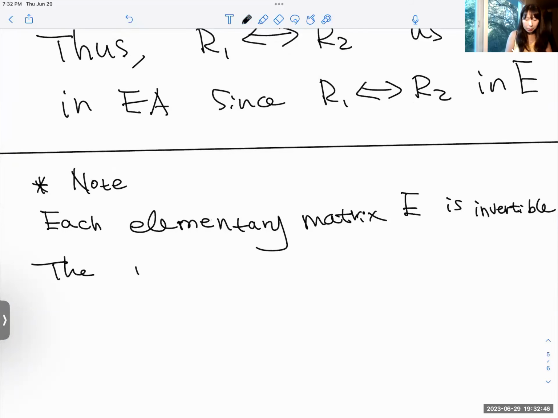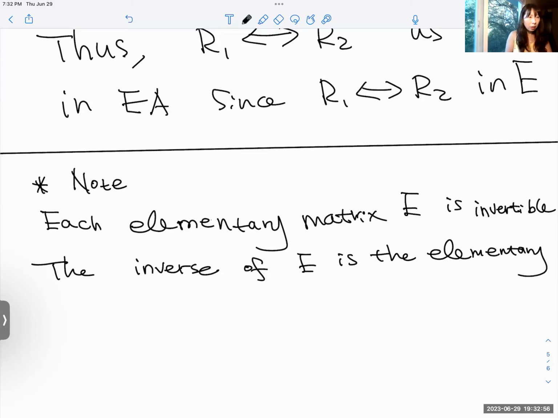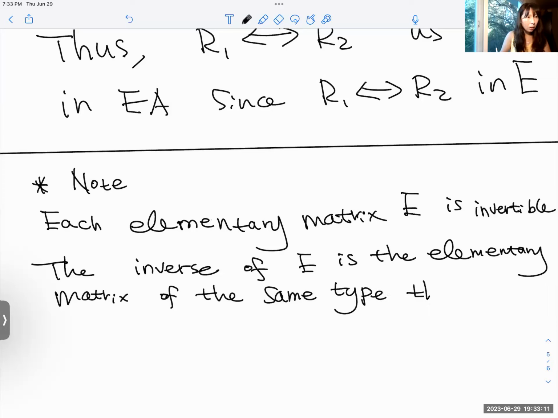The inverse of E is the elementary matrix of the same type that transforms E back into I. Okay.